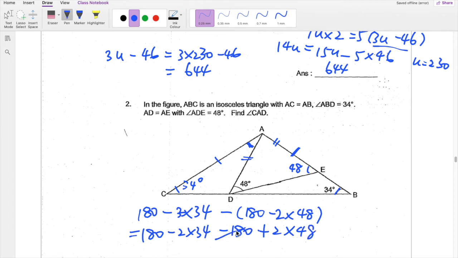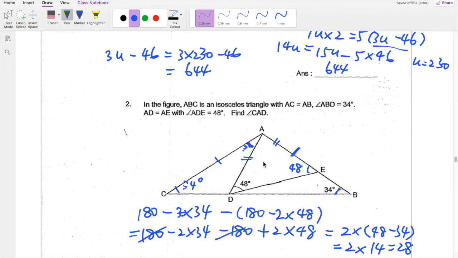You cross it out, which equals 2 times 48 minus 34, and 2 times 14 gives 28 degrees. So this is one way: we use this angle minus this angle. We can calculate them out individually, or you don't have to, because there are a lot of common things which can cancel and simplify the calculation.